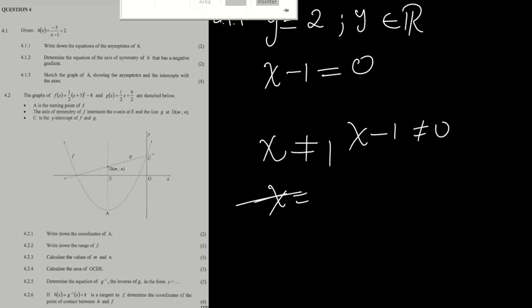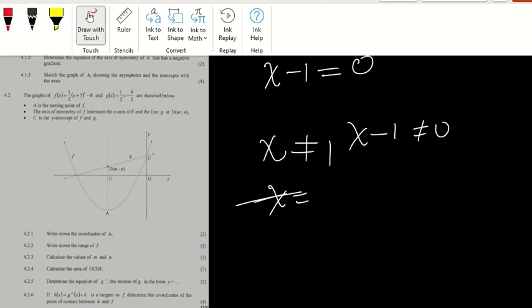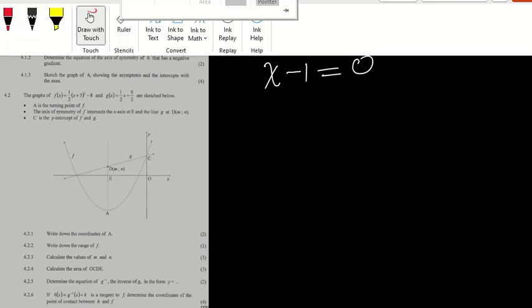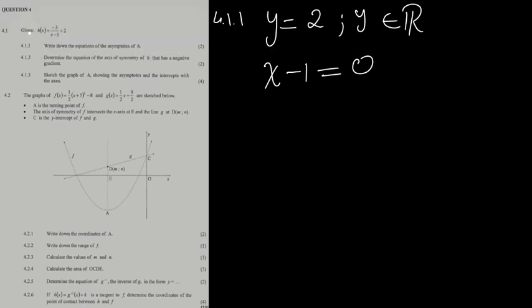But in this case, they just want the equations of the asymptotes. So I will take this denominator and equate it to 0. Then you solve for x. You say x is equal to positive 1, such that x is an element of real numbers.